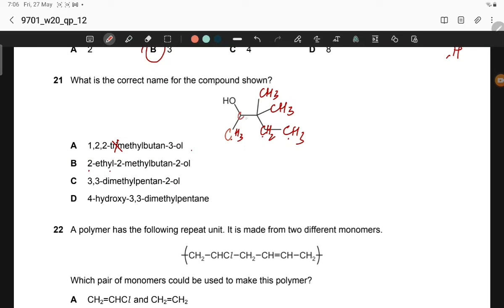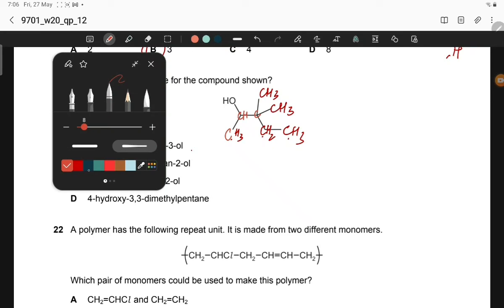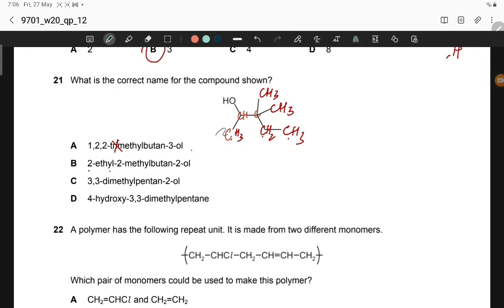CH3, CH. Numbering 1 2 3 4, then 1 2 3 4 and 5.